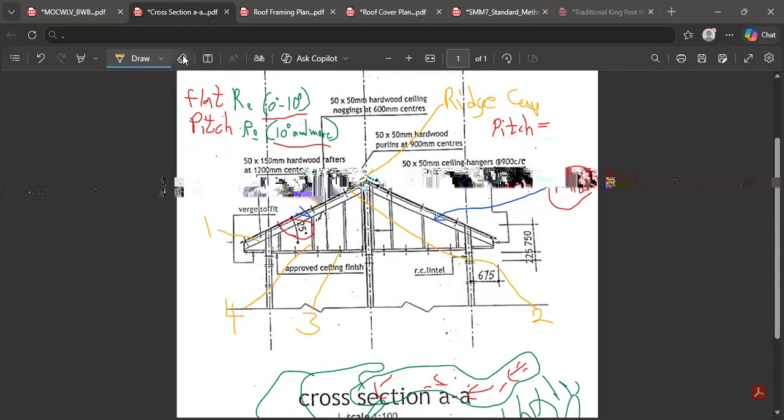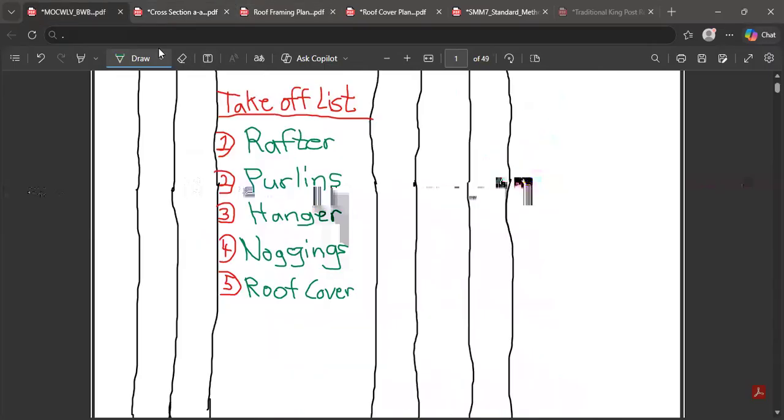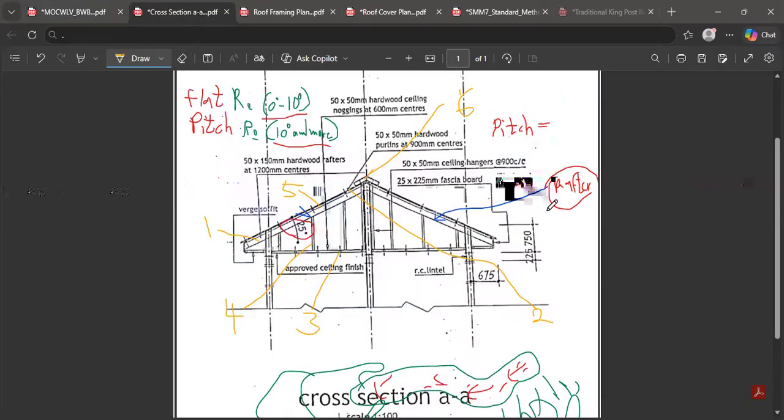So that is it. That is the ridge cap. So let me now number it as our six. Let me go back to our board. So let's add the ridge cap. Okay, so we have six takeoffs we have to do. That is a complete takeoff of the roof members.